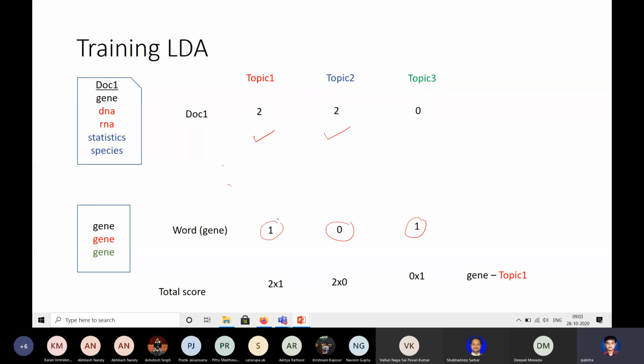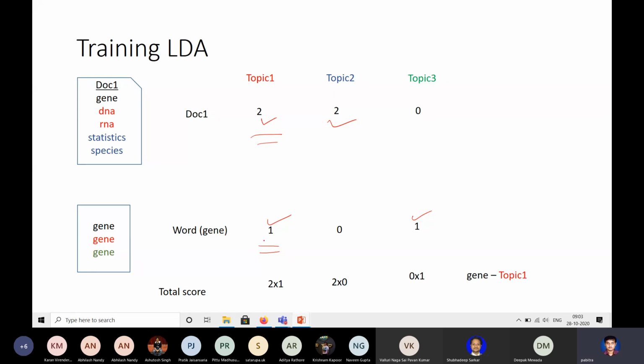Here the majority is this, and here the majority is this and this. You could choose either one. Since red agrees with both, I'll choose red as the topic assignment.